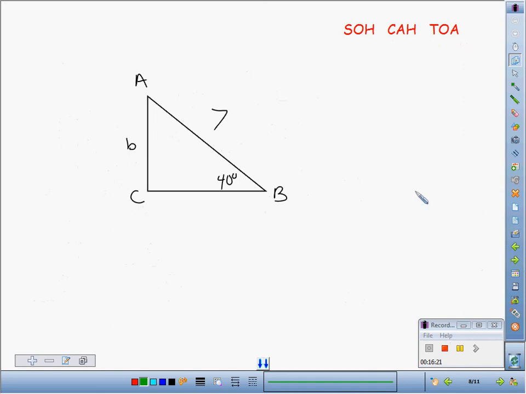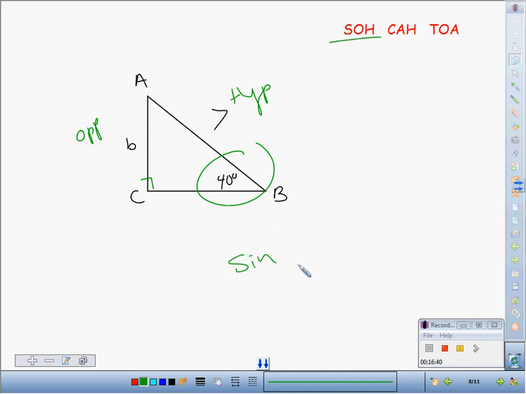So this is supposed to be a 90-degree angle, but I want to try this just to give you some more examples. So focusing our attention around the angle they give me, little b is opposite that. This is the hypotenuse. So opposite and hypotenuse says do the sine of the angle measure, which is 40, equals b over 7.